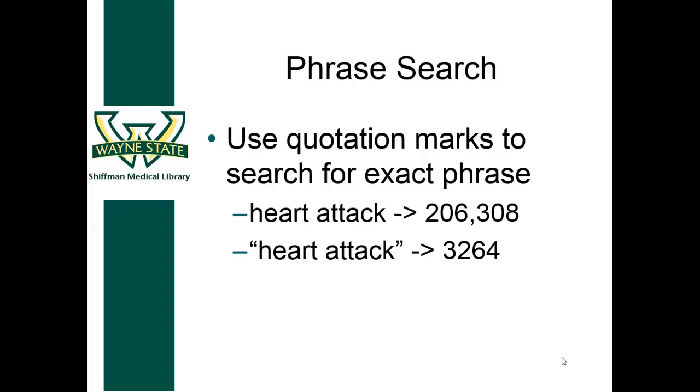If you search heart attack as a phrase using quotation marks, you just retrieve citations with the exact phrase heart attack, and thus the results drop to 3,264 citations. You can see there is a huge difference in search results. Conducting a phrase search helps you get more specific citations, but also excludes some interesting ones.